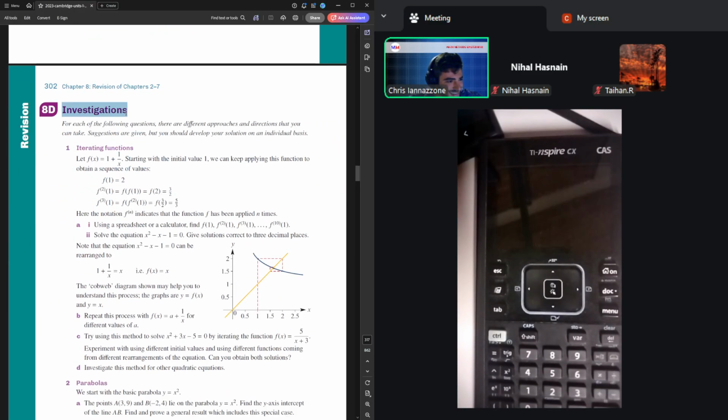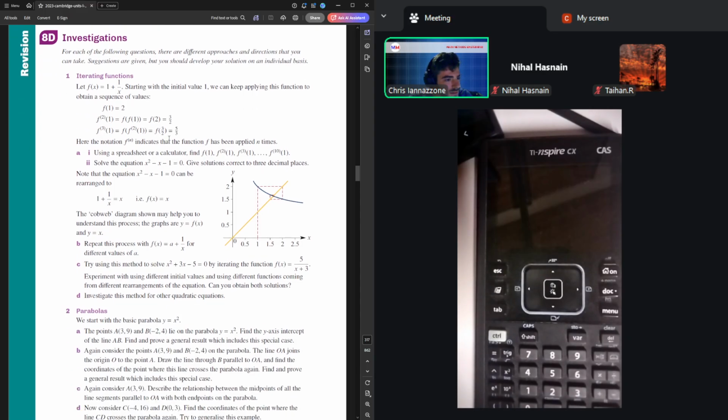These are also worth doing, the investigations, which we might have to do in the Friday class, the review, because these are relatively new to the study design. I say relatively because it's been around for 2 or 3 years now, I think. That's definitely a far cry from the 20 or 30 odd years that methods has existed.